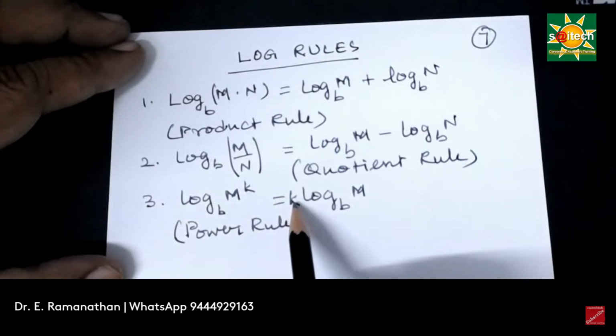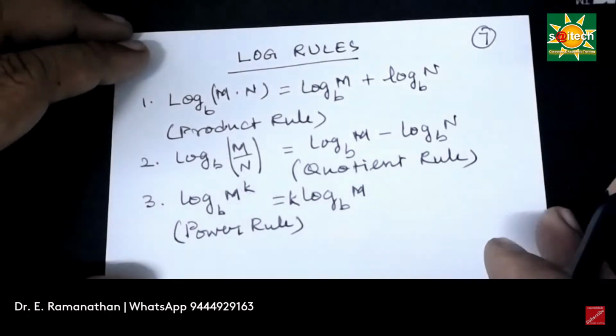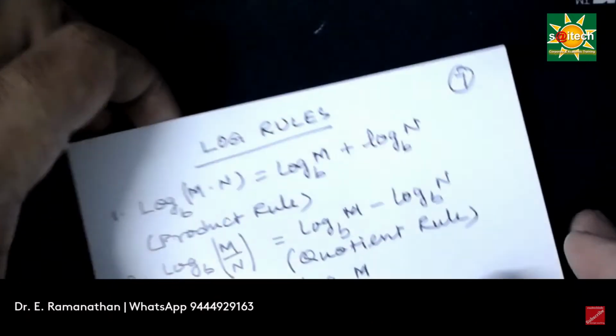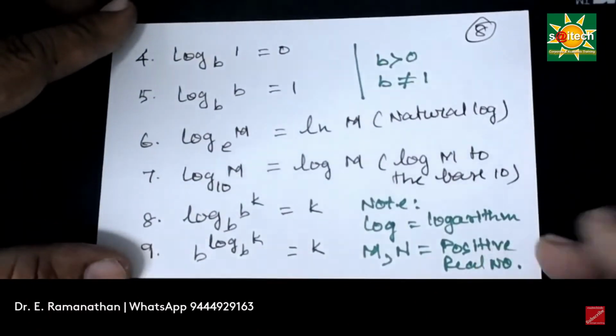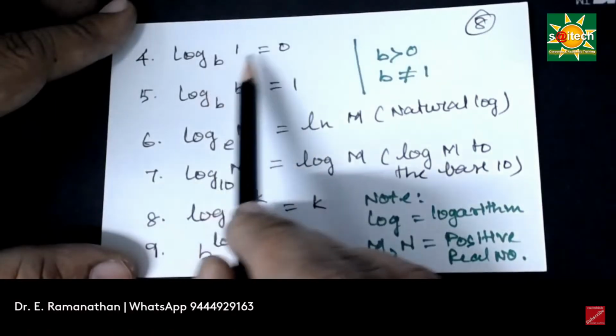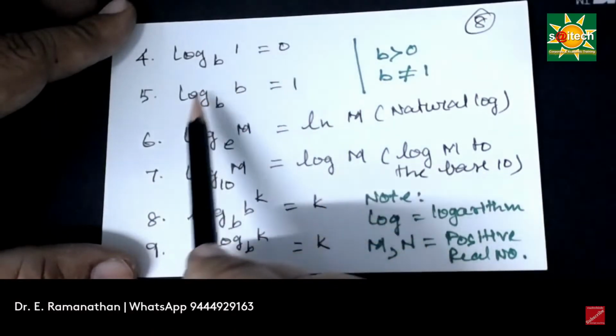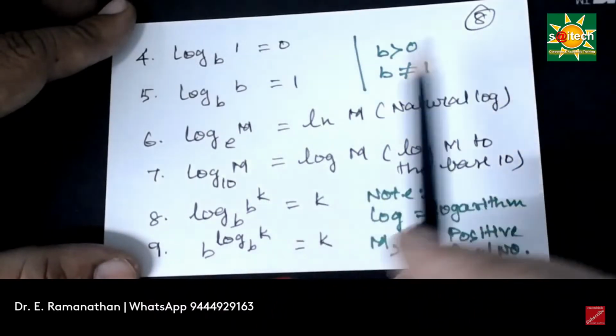So it is called k into log m to the base b. This is known as the power rule. Next, let us consider log 1 to the base b. It is always 0. Log b to the base b is equal to 1.